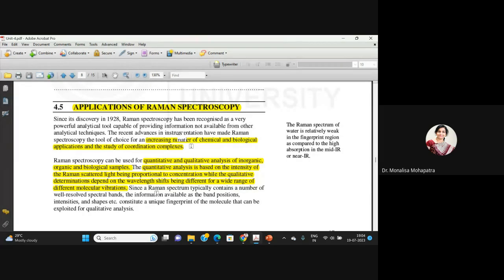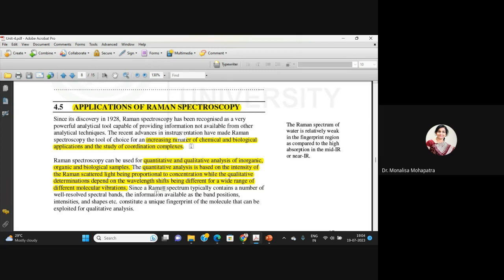The quantitative analysis is based on the intensity of the Raman scattered light being proportional to concentration, while the qualitative determination depends on the wavelength shift.